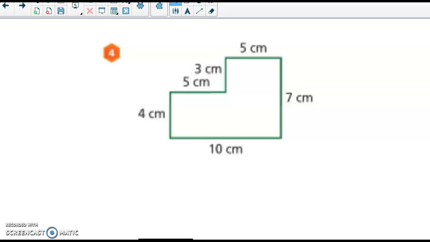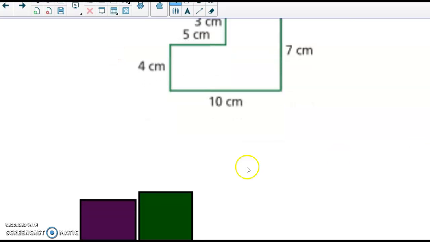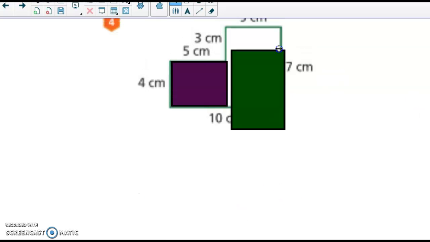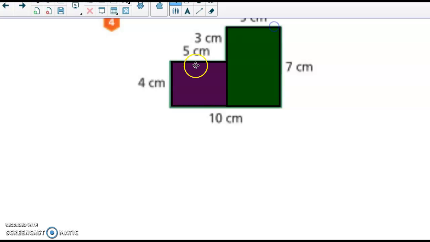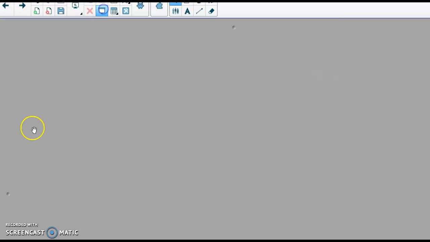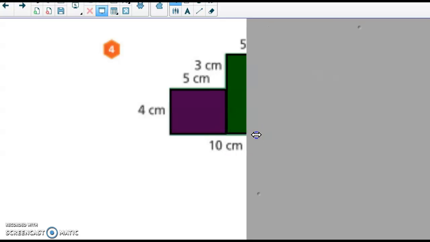You could have broken the rectangle up into different ways, but I broke them up into this shape here of my purple rectangle and this rectangle. Okay, so I found the area of these two rectangles to find the total area of the rectilinear shape.